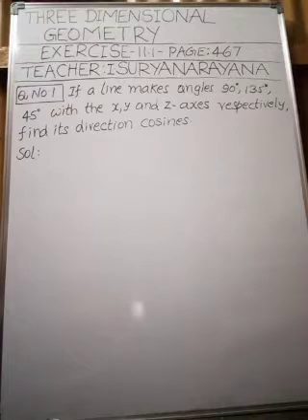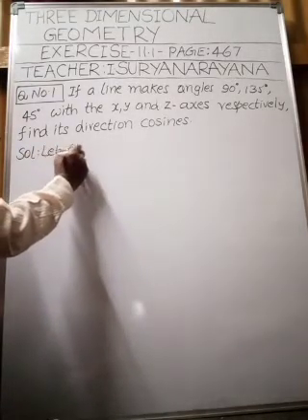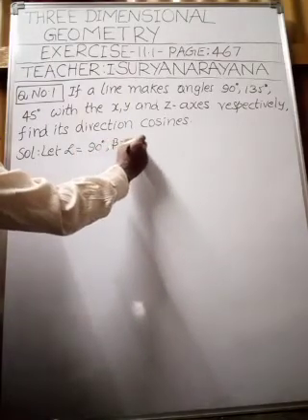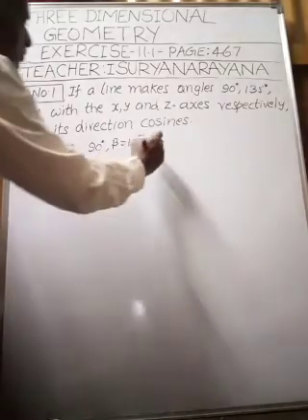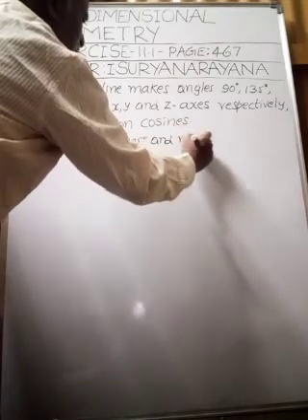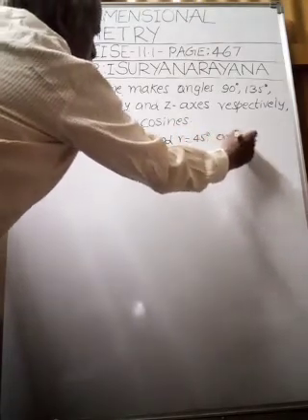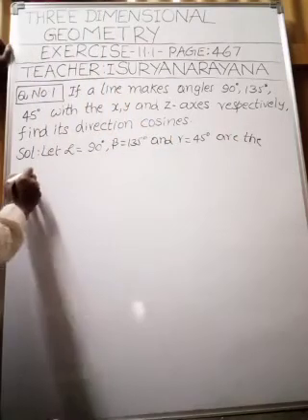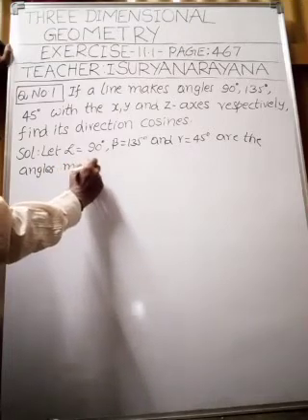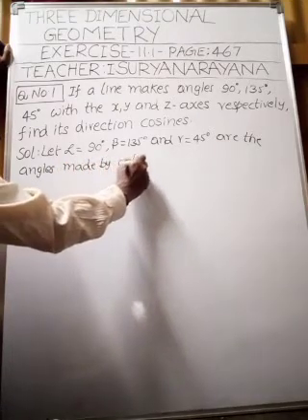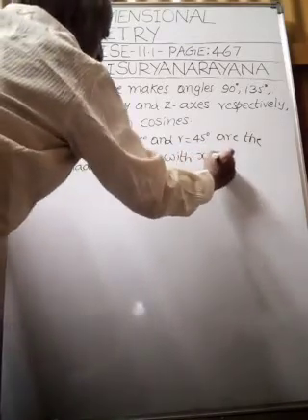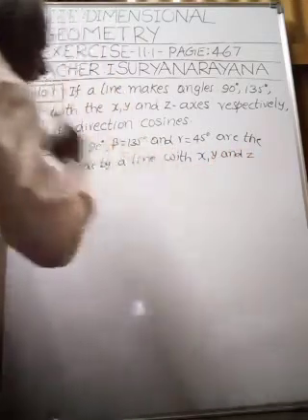Let alpha is equal to 90 degrees, beta is equal to 135 degrees and gamma is equal to 45 degrees are the angles made by a line with x, y and z axis respectively.